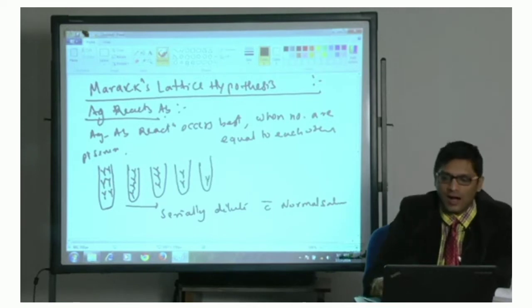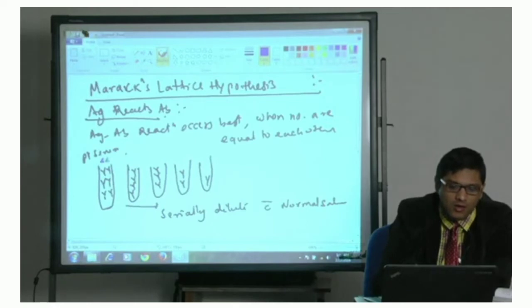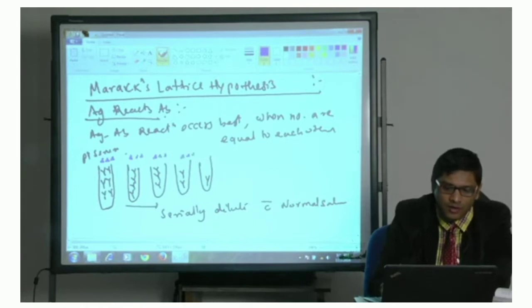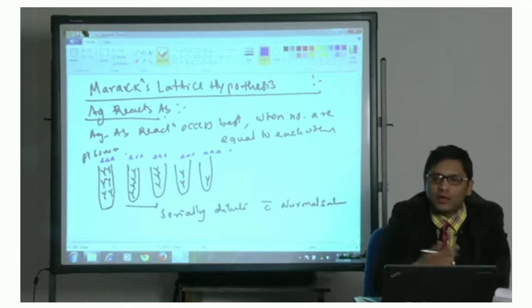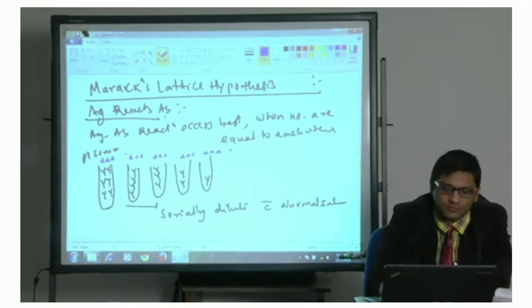After that you add an equal amount of antigen to all the tubes. So in which tube are the numbers equal? The middle tube.